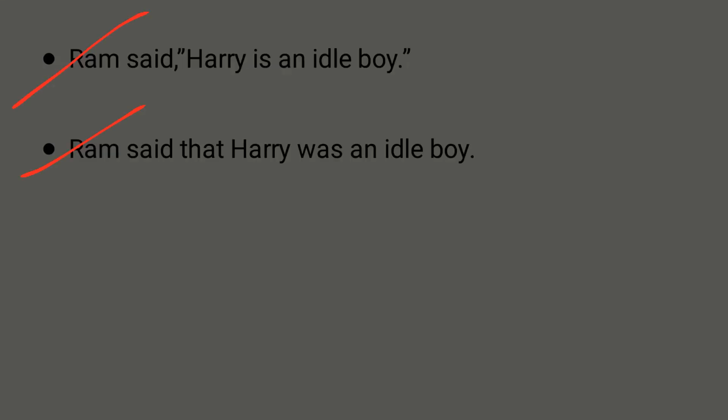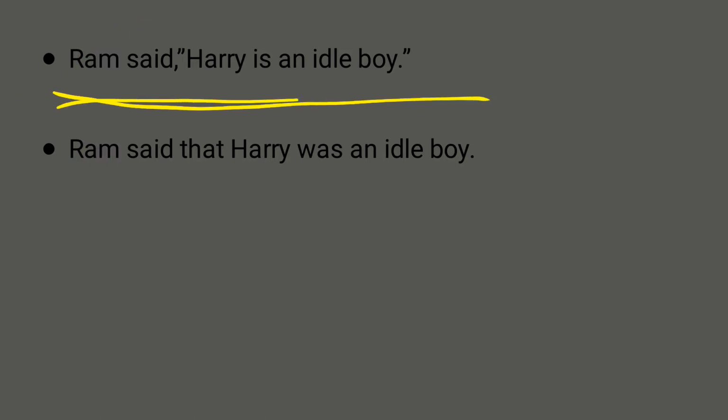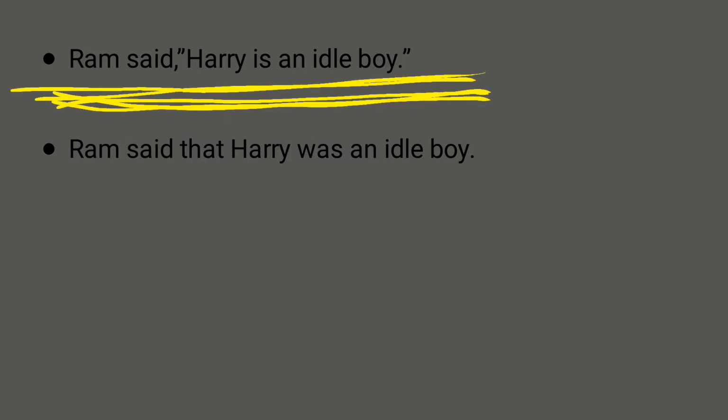Before doing this, let us recognize this one. Ram said, "Hari is an ideal boy." This is direct speech, because here we have given the exact words used by the speaker.